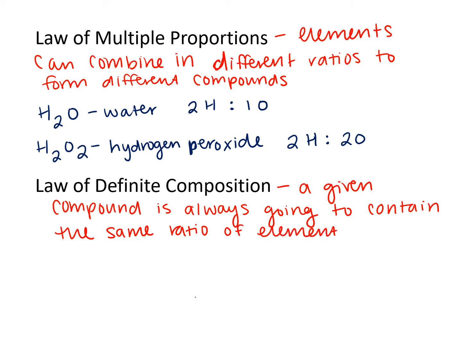So water is always going to be H2O. Hydrogen peroxide is always going to be H2O2. Whenever I change the ratio of the elements in the compound, I've changed the compound itself.